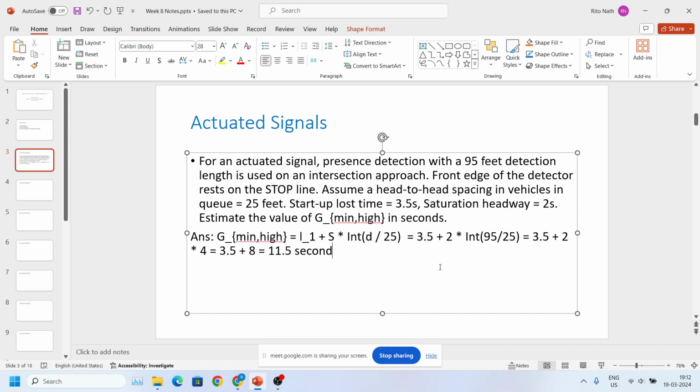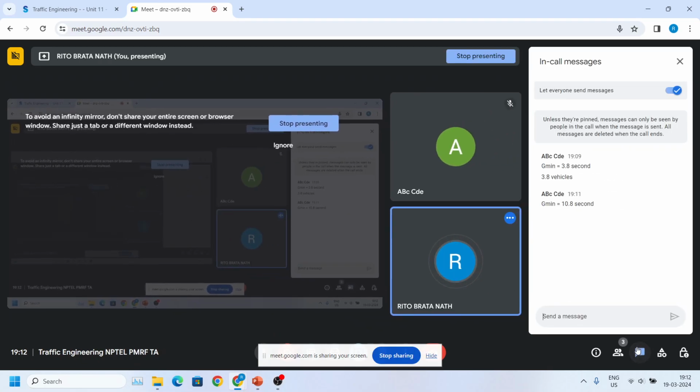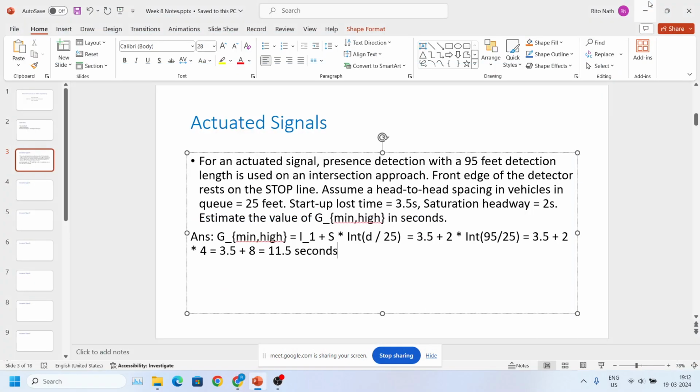So that's the correct answer to this. 3.5 was not correct, 3.8, 10.8, none of them were correct. So the correct answer is 11.5. You have to be careful about what is in the slides, and accordingly you have to put the formulas here and check whether these numbers are correct or not.